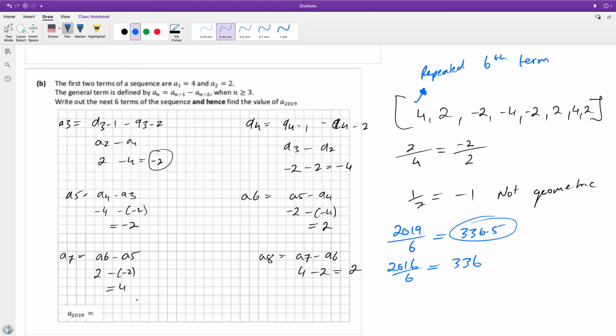All they want you to see there with the 7 and 8 is that it's repeating. Just want you to get that this part is repeating.